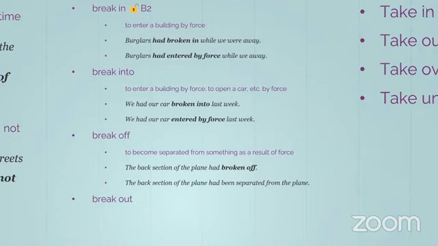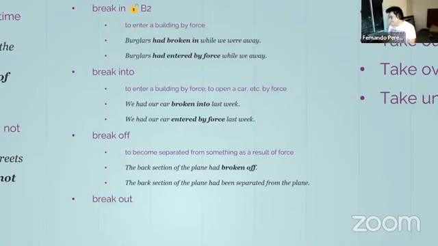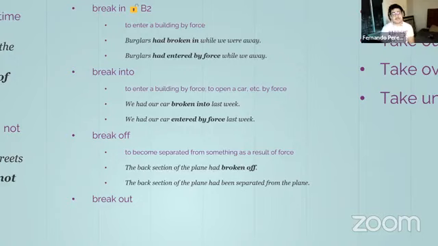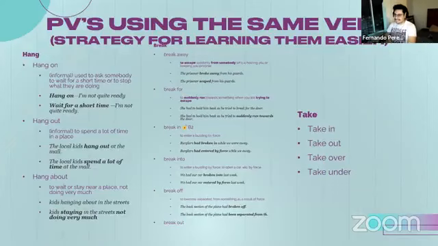Separated from the airplane. No, I don't know. Close. Very well. When we are avoiding repetition in English, we use pronouns. Oh yeah, from it. From it, exactly. From it.